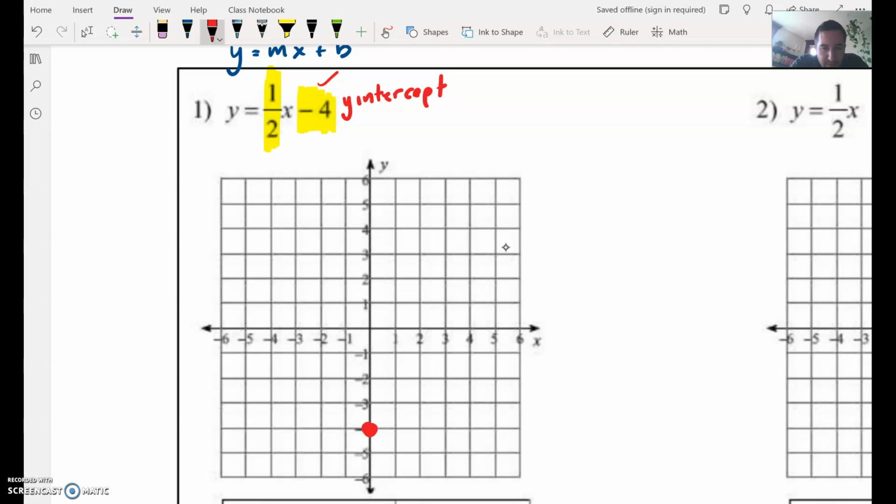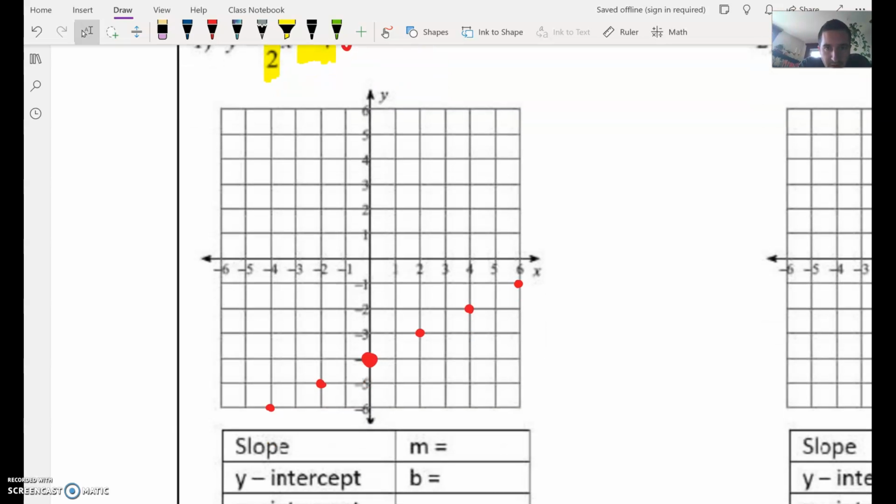Slope is 1/2, which means, remember, rise over run. Up 1 and right 2. Up 1 and right 2. Or down 1 and left 2. So there, try to draw this as straight as possible. Not bad. There is our line.